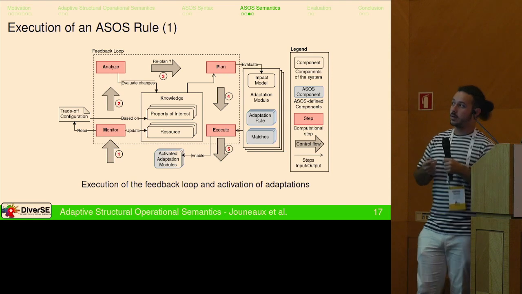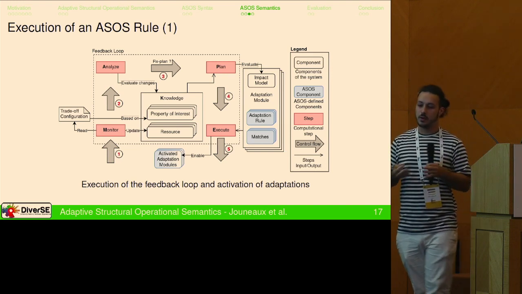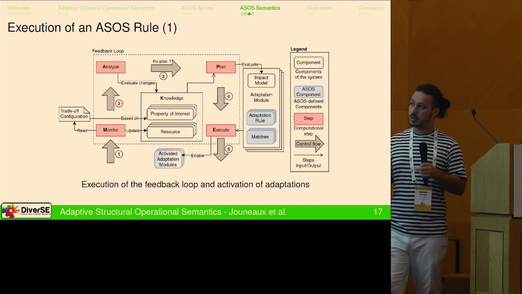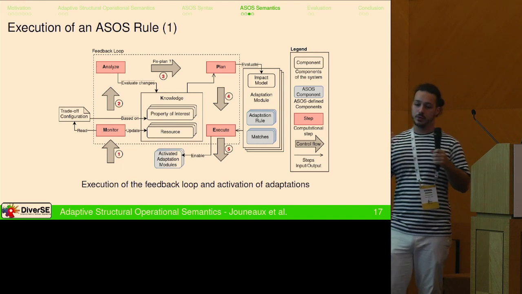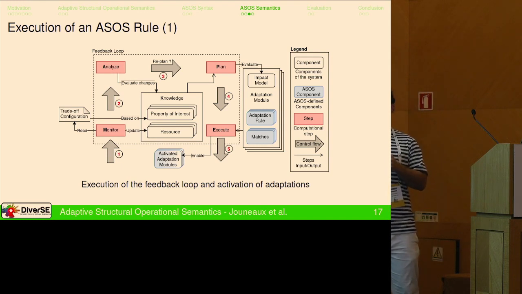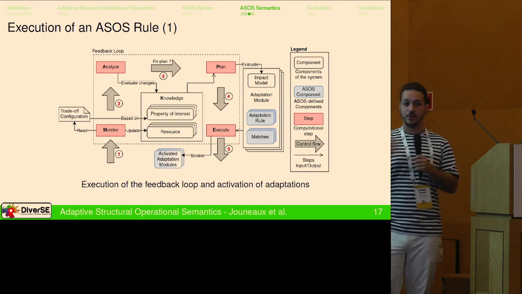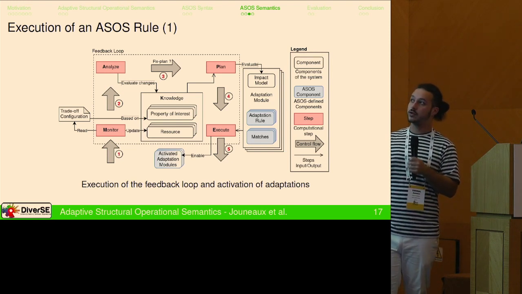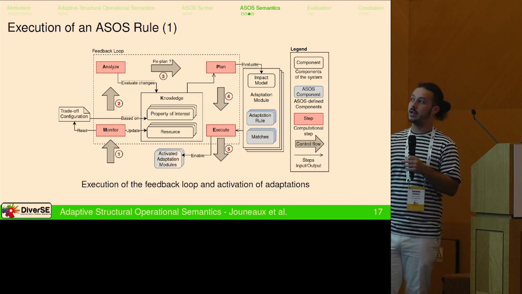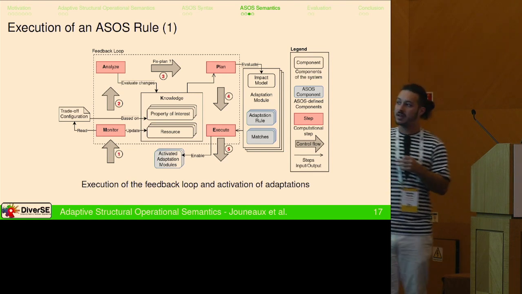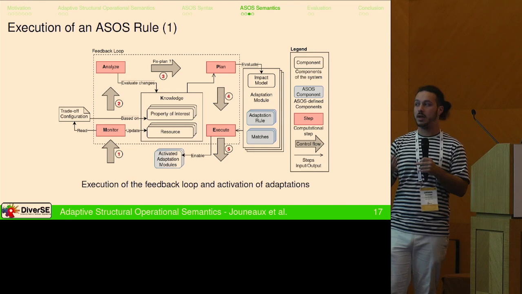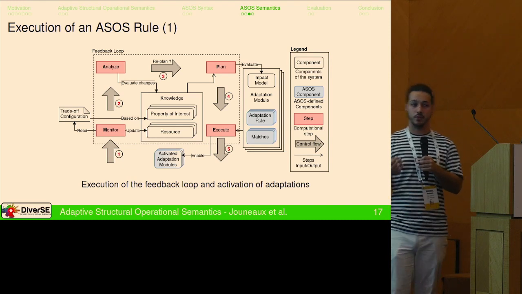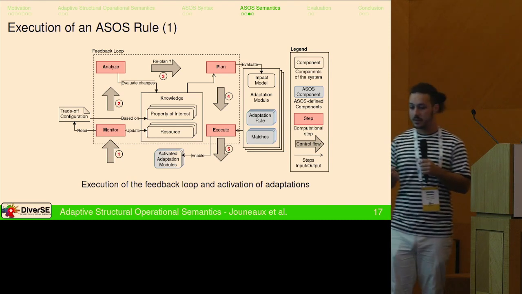So now we generate this code, but how is it executed? The first part, when you call a rule on a node, is to perform the feedback loop to know if there is some adaptation. So you will first monitor, analyze, plan, and execute by selecting the different modules that can be applied with respect to the trade-off and the current context.